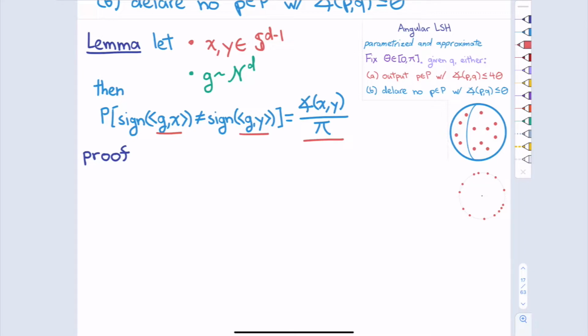And the other direction as well: the smaller the angle, the smaller the odds of disagreeing, the higher the odds of agreeing. Okay, so this proof is actually easier than you would suspect. It's easier than I suspected. But where do we start? The first step would take advantage of a nice property of Gaussians.